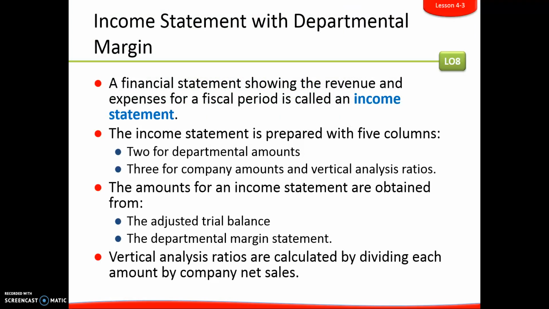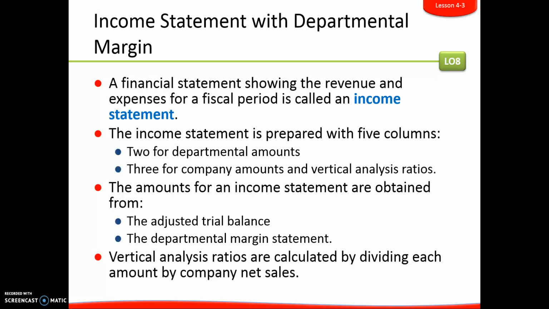Remember that an income statement is simply a financial statement showing the revenue and expenses for a fiscal period. When we're doing a departmentalized statement, we'll have 5 columns. 2 of them are going to show departmental data, and 3 of them are going to be for the company amounts, and also for doing vertical analysis ratios.